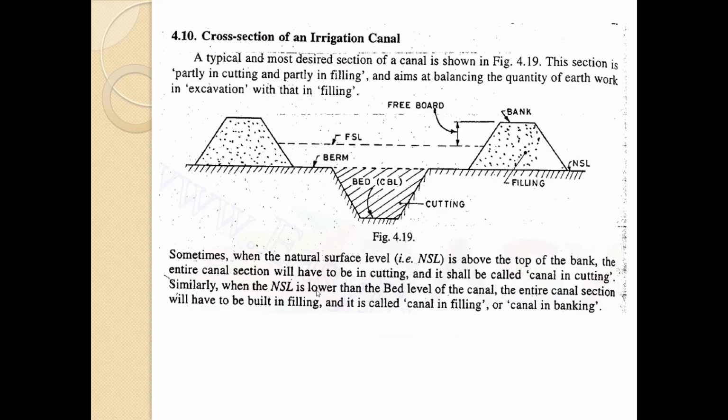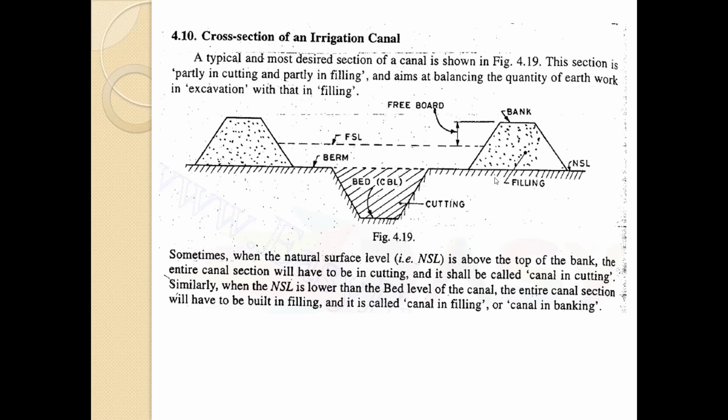So, the cross section of an irrigation canal. A typical and most desired section of the canal is as shown in the figure. The section is partly in cutting and partly in filling, with the aim of balancing the quantity of earthwork in excavation with that in filling.